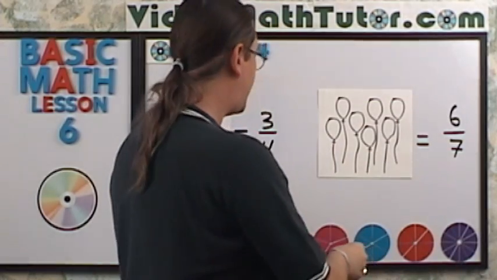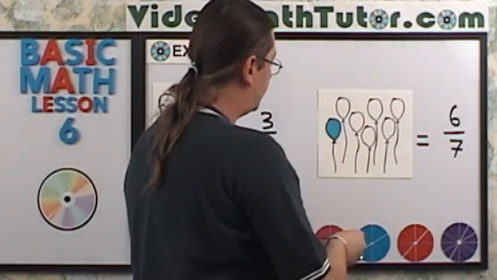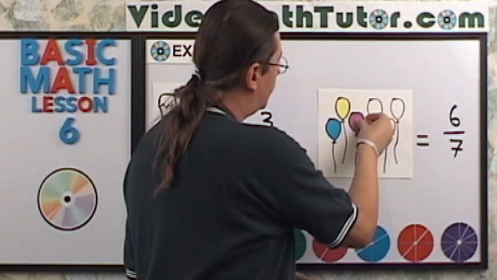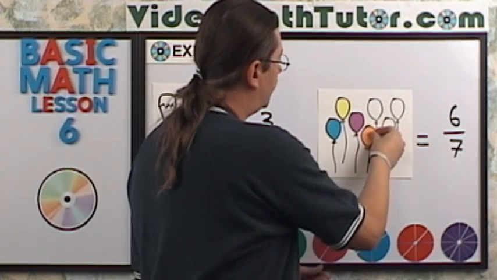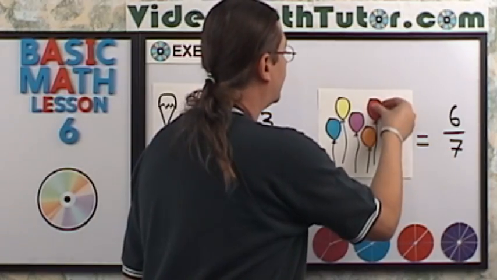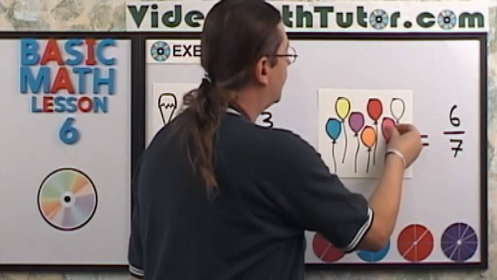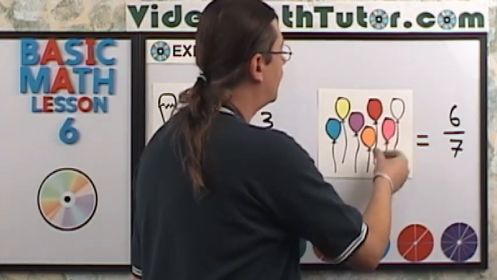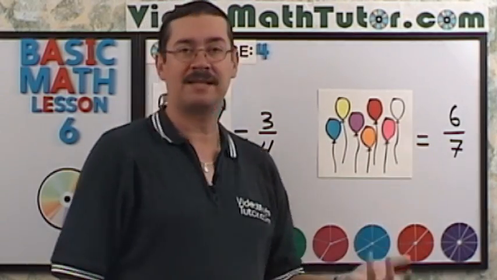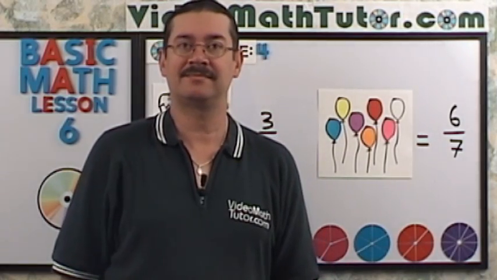Over here, we're going to have 1, 2, 3. I like that color. Okay, very colorful hot pink right there. And this represents 6/7.